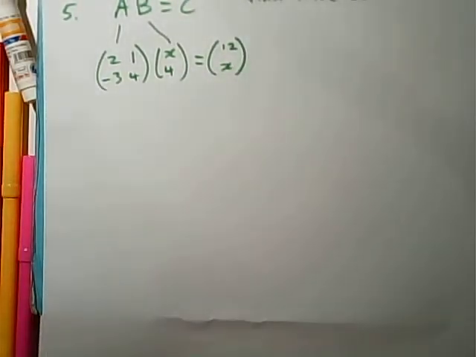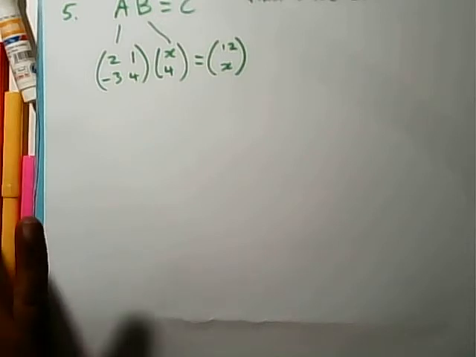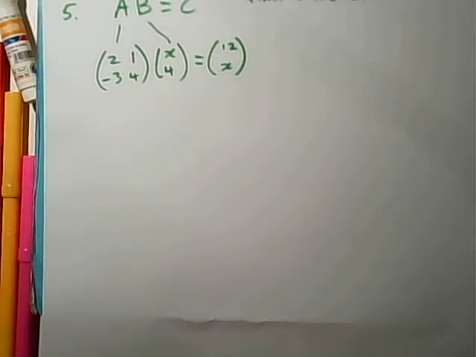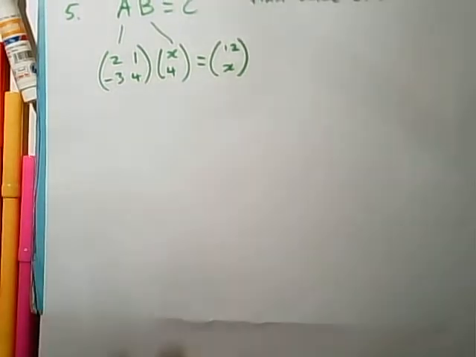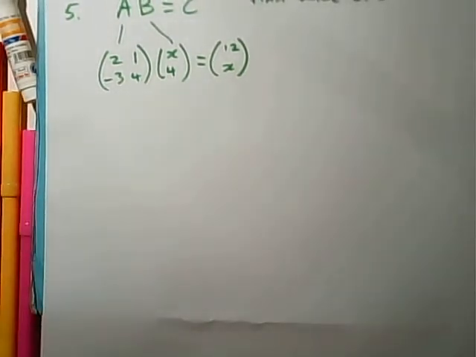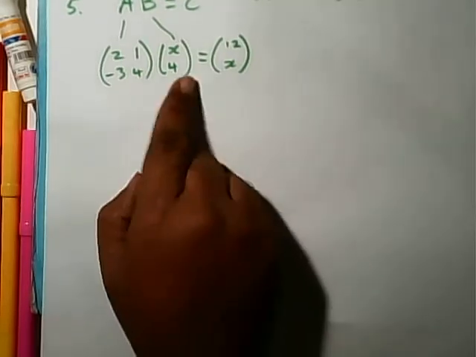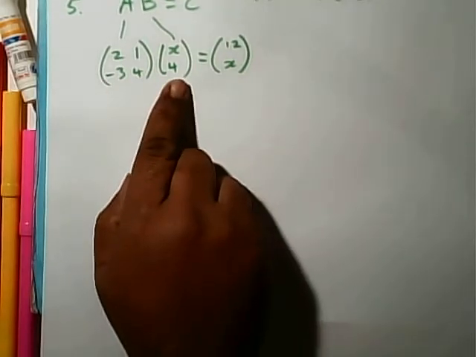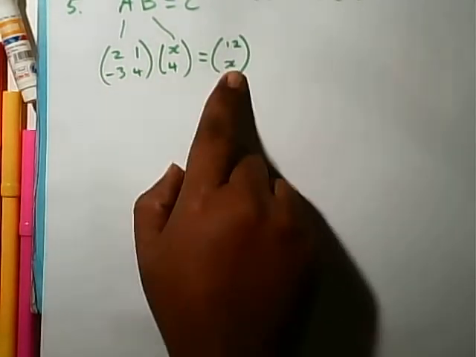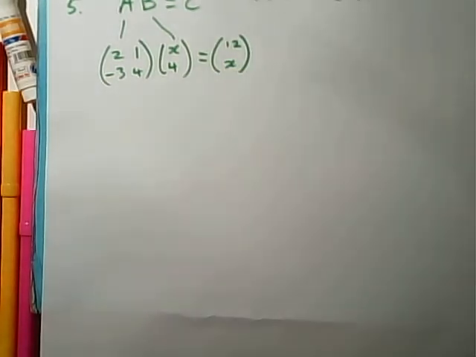Okay, so when they say find X, what I would do is play with the information I'm given and explore. So I know how to multiply matrices, so I'm going to explore with multiplying it.